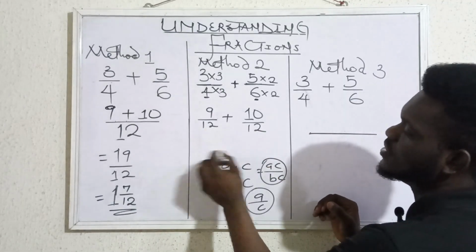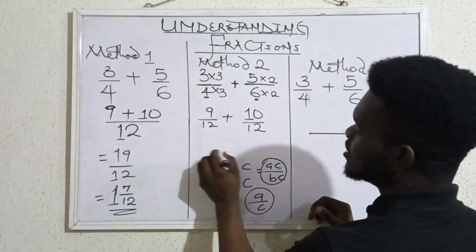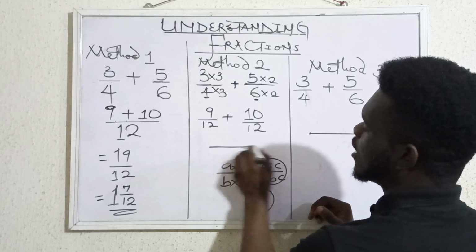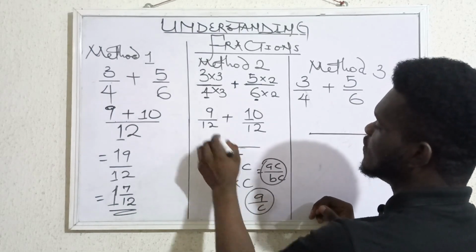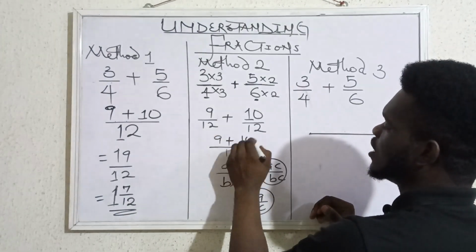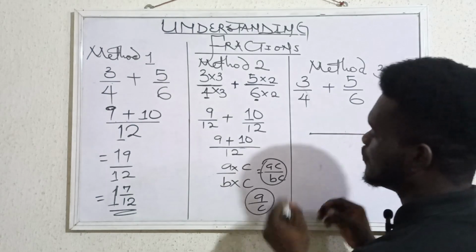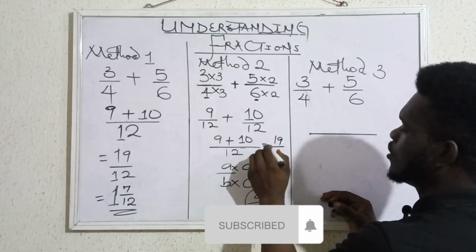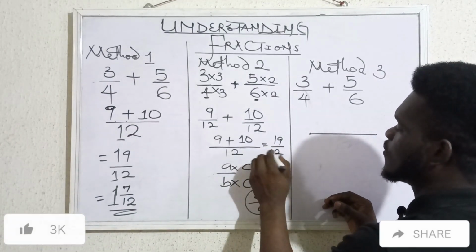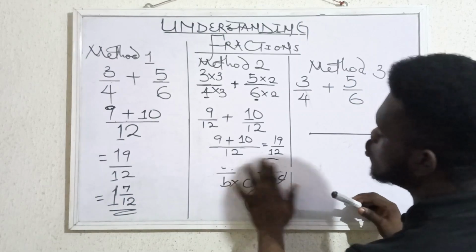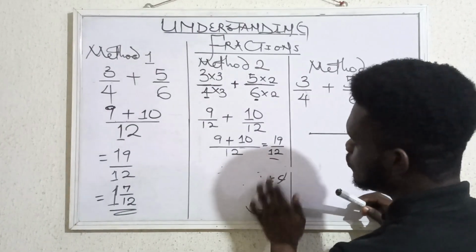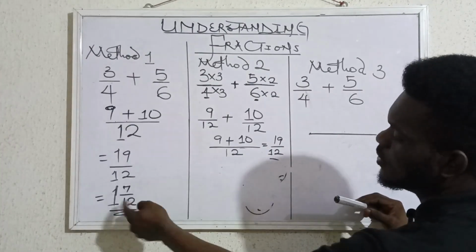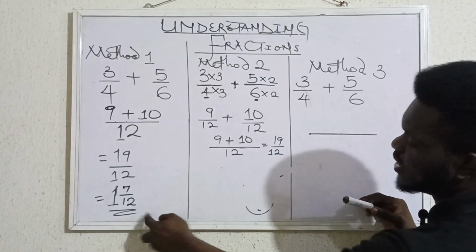Now you can see they have the same base, which finally becomes like this. So I can just make a rule and put the 12 there, and I will say 9 plus 10, and I will still get your 19 over 12, which would also be simplified to giving you what we had here.